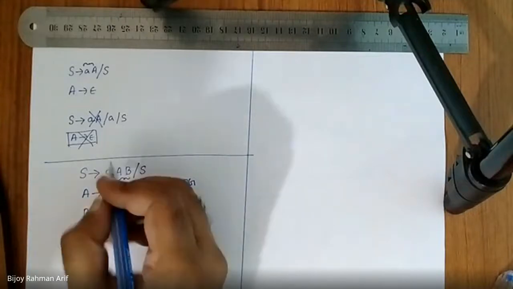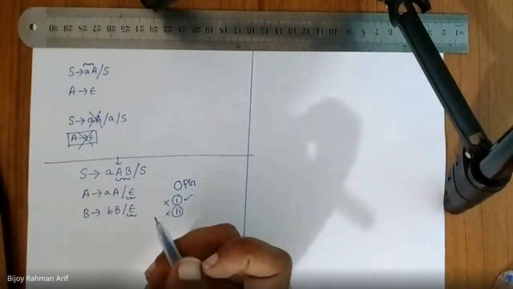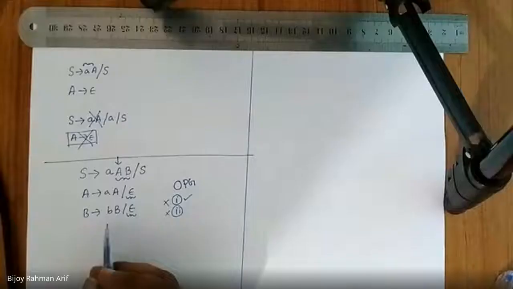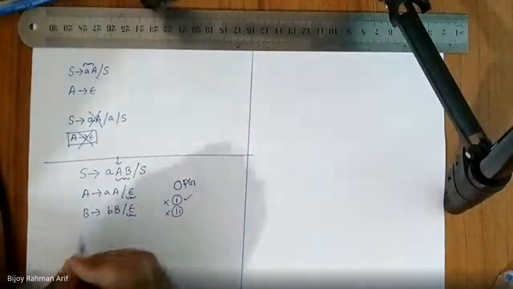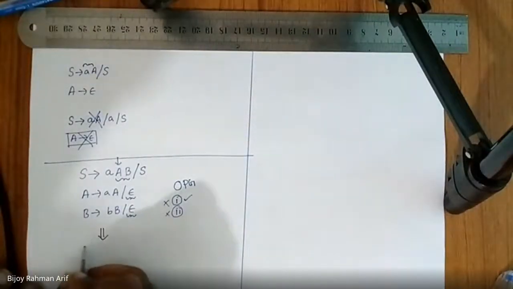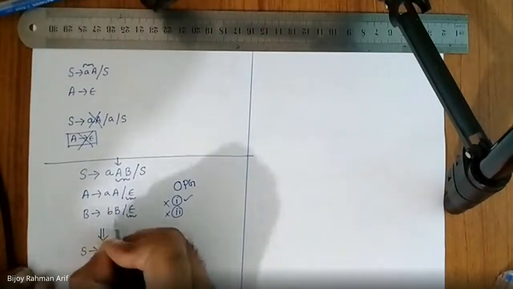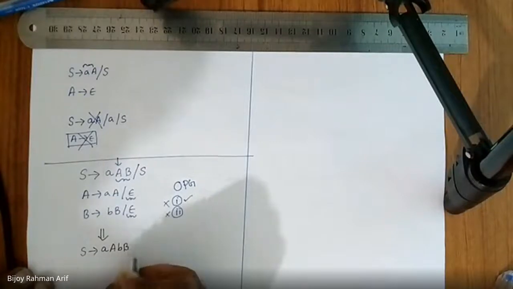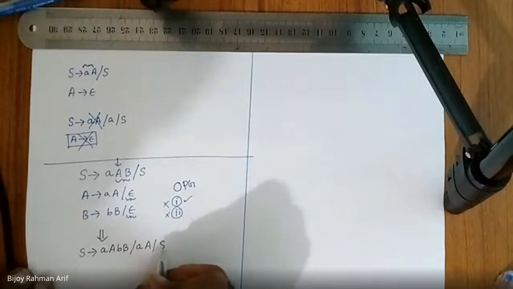If you replace A, you always get AB, so it will not bring anything special. But we can replace B. If we replace B, then what happened? Then it is wonderful. S derives A, we write BB, and then we are going to write epsilon, so it will become AS.